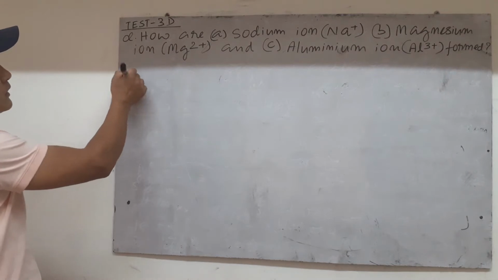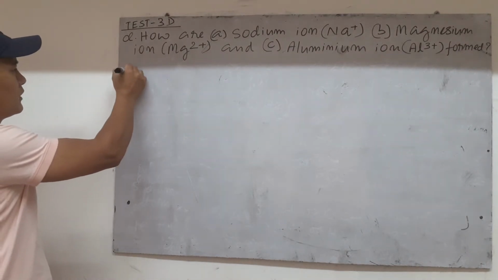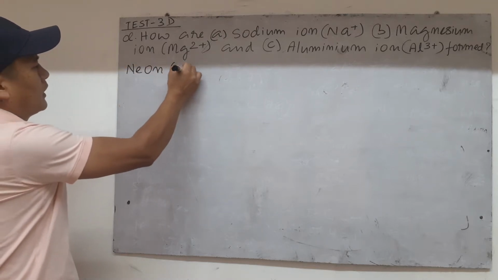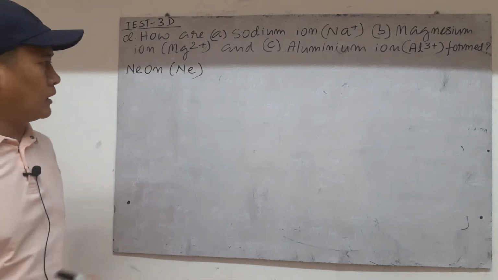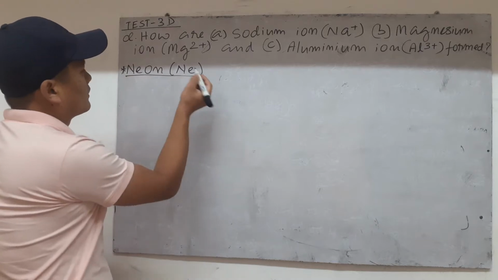To begin with, let us keep this one noble gas, the noble element neon, whose symbol is capital N small e, the first two letters. We know this is a noble gas, keep it as a reference.